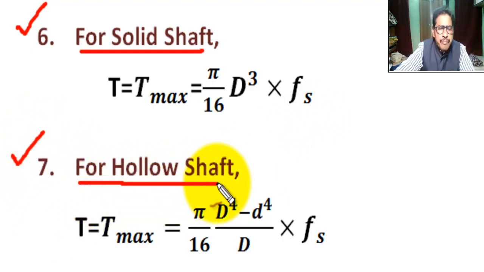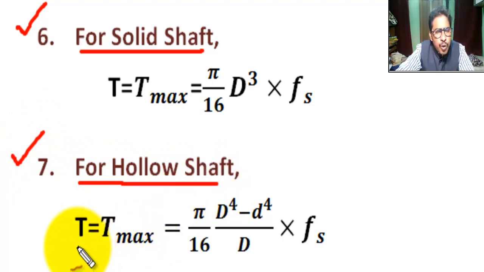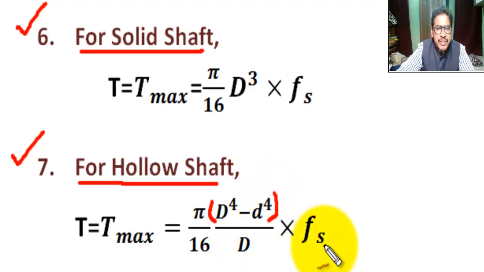Now number 7, for hollow shaft, here also T equals T max. That means maximum torque transmitted by shaft equals pi by 16 into capital D to the power 4 minus small d to the power 4, by capital D, into Fs.